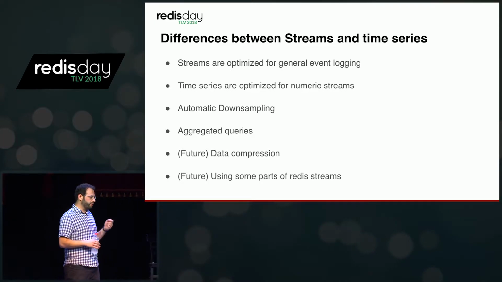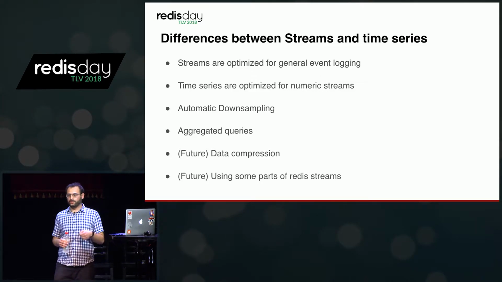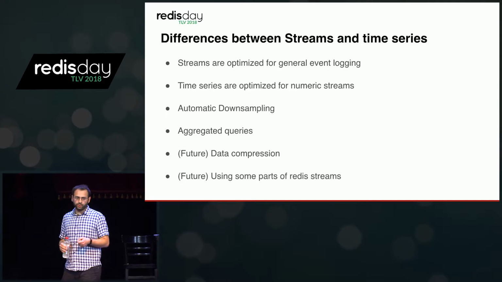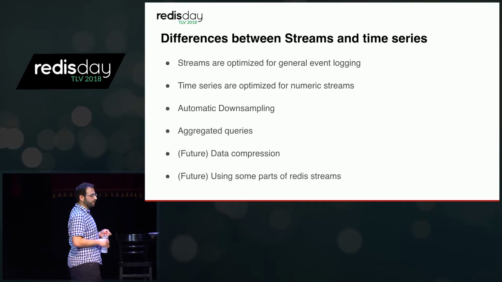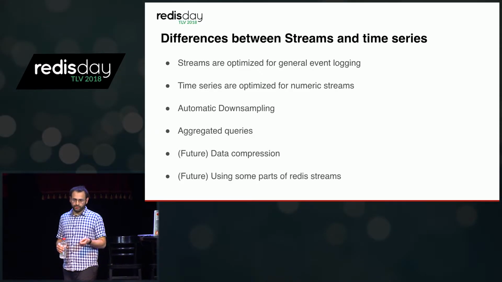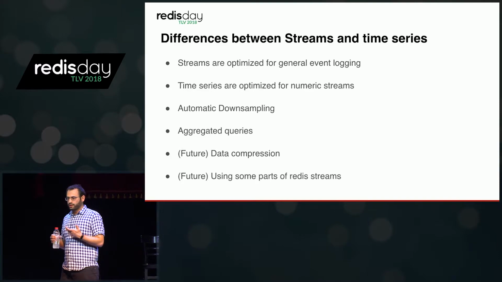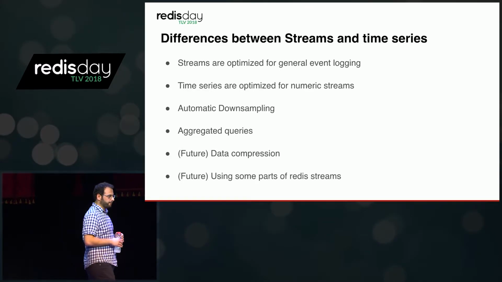If it's numeric and we know that it's numeric, we can do stuff that you cannot do with just any general time series. For example, you cannot do downsampling for log data or event data because you don't know what the value itself is. You cannot do aggregated queries because you don't know what kind of aggregation you can do if it's a textual event, for example.